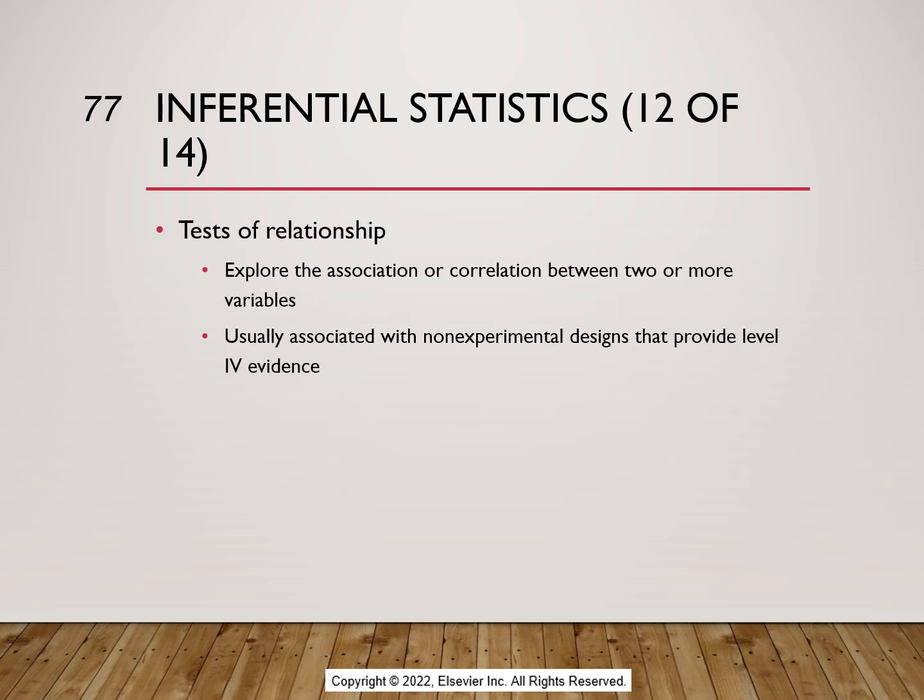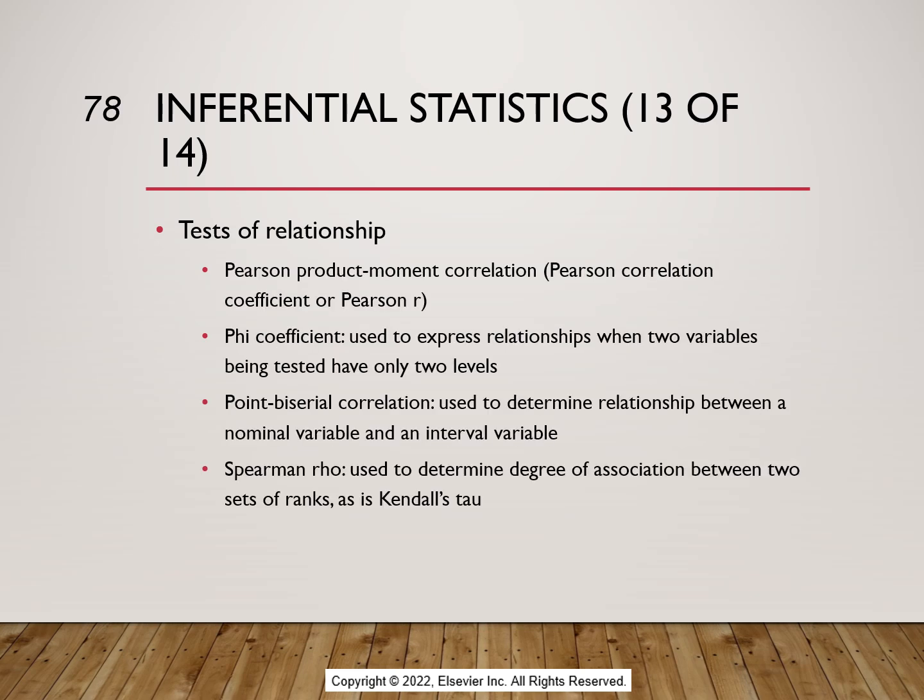Another type of inferential statistic is to test relationship, and these explore the association between two or more variables. Usually it's associated with non-experimental designs that provide a lower level of evidence. These are also some other tests of relationship, the Pearson product moment correlation or Pearson correlation.